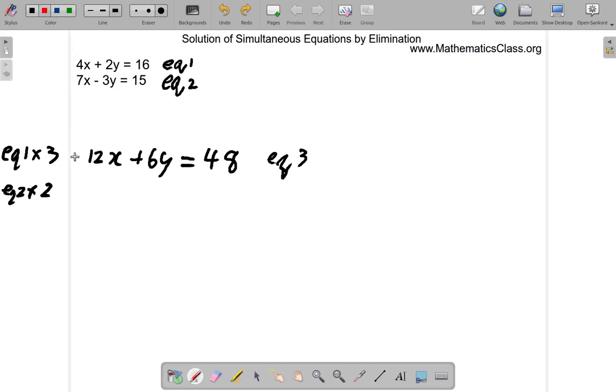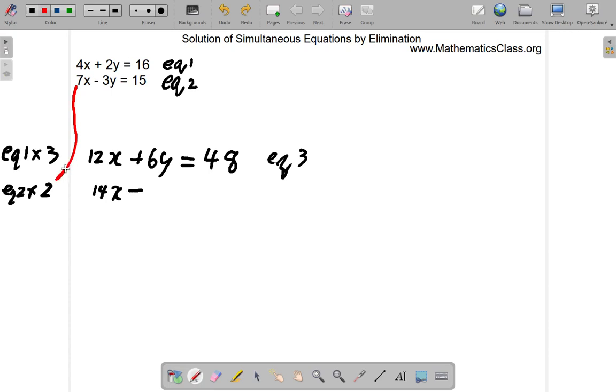Equation 2 by 2. We want the 2 to multiply the 7. 2 times 7 is 14x. Then a minus, because we have a minus here.